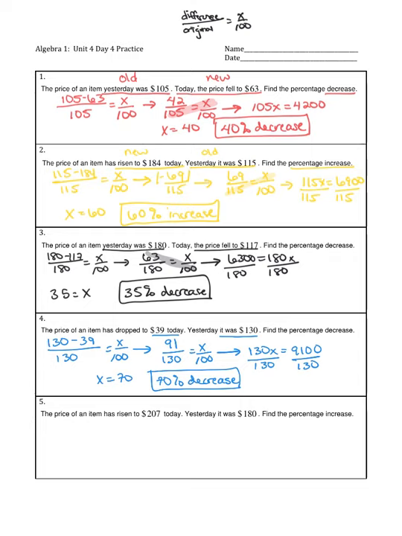Yes, here we go. I knew there was one I was doing differently. Okay. Now let's look at this one. $207 is today's price. Yesterday was $180. I want to avoid the negative number this time. So let me show you what I'm going to do. I'm just going to do 207 minus 180. But what was the original price? The original price was $180. Pay close attention to the details.